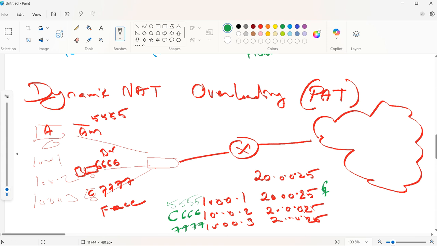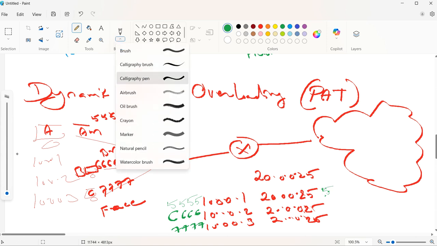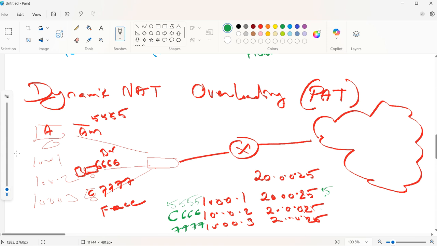Who makes a note? The router makes a note that Amazon is requested by 10.0.0.1 and the port number of the person who requested Amazon is 5555. British Airways, 6666. Facebook, 7777. Now listen carefully. Here is Facebook, here is Amazon, here is British Airways.